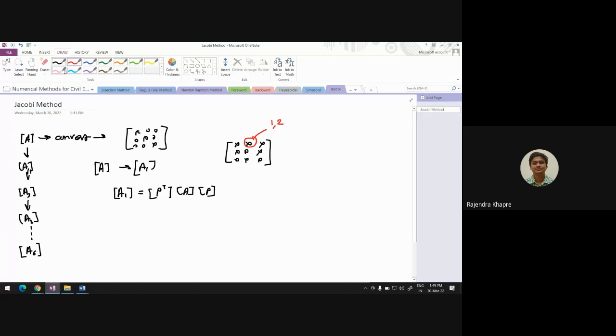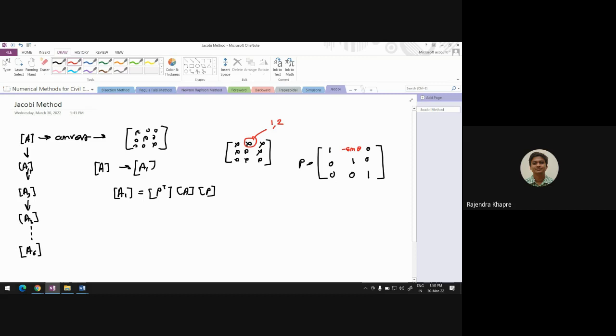So if you are trying to eliminate that particular element, what will be your P matrix in that case? Okay, so you need to understand how this P matrix is generated. The P matrix, ideally, is an identity matrix. Okay, so I am writing the simple P matrix, right? Now since I am eliminating a term which is over here, that is first row and second column, here I need to write minus sin theta.